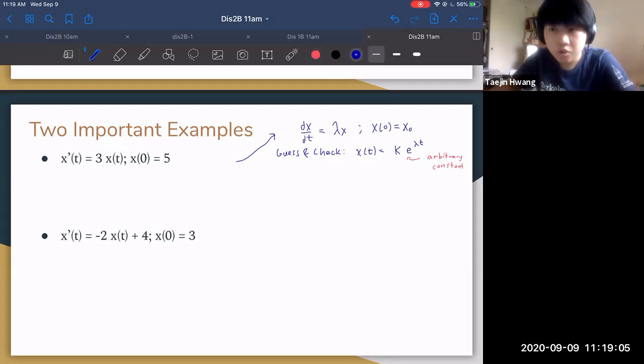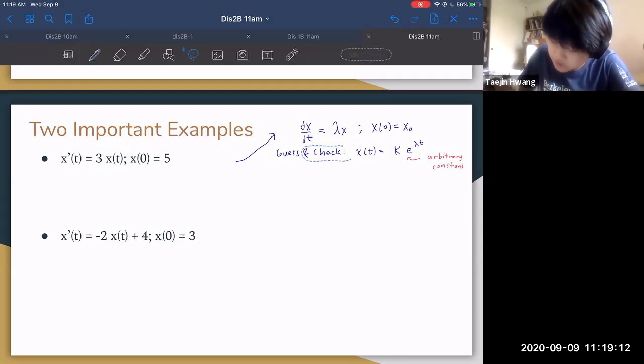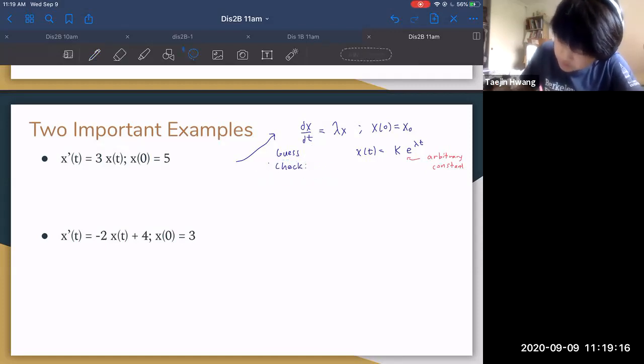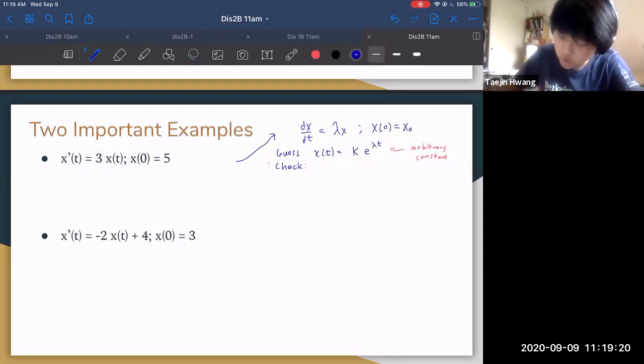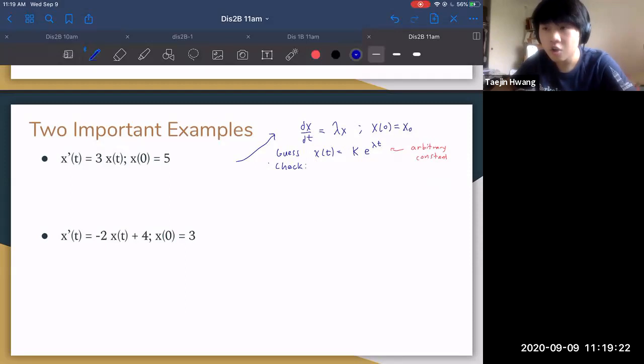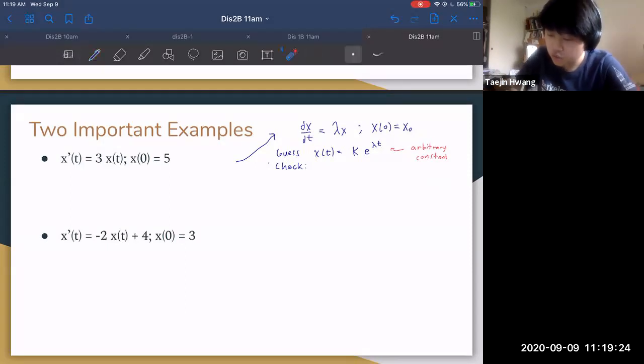And once you give a guess, you always got to check whether your guess works. So this is our guess stage. We guess some function. And now we check whether our guess works. And what I mean by check is we check whether it satisfies this differential equation.